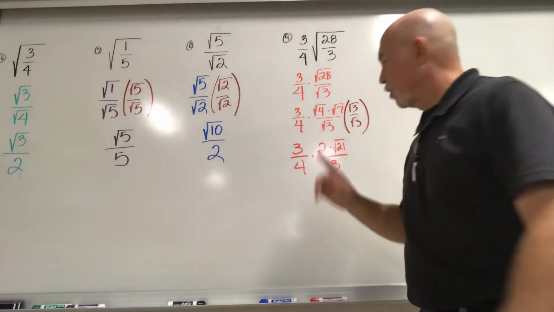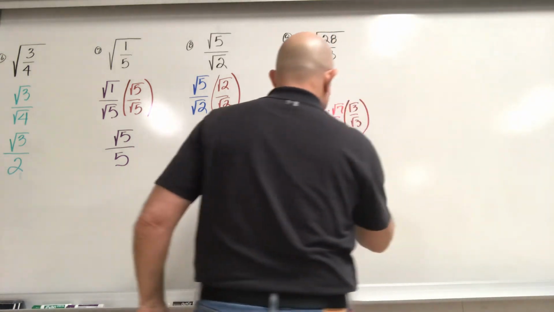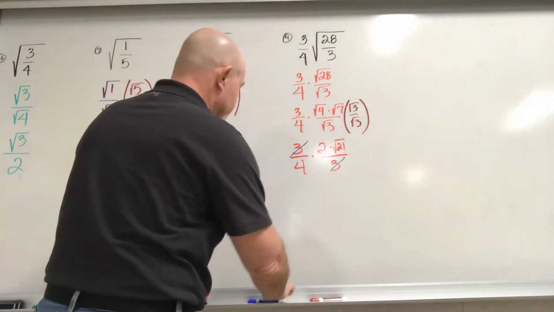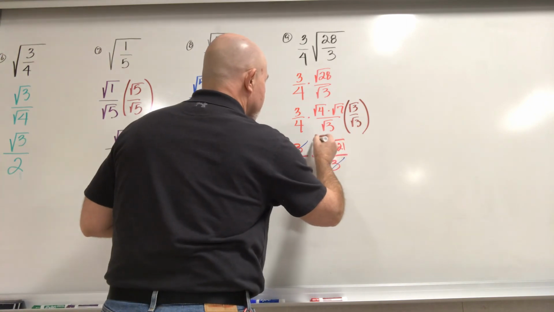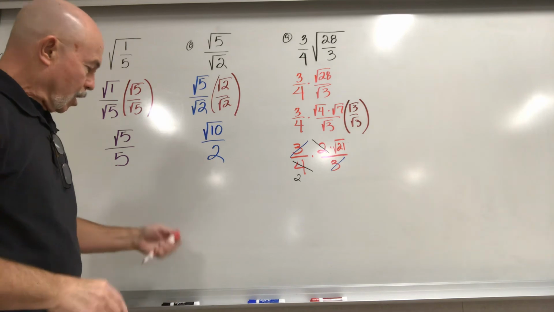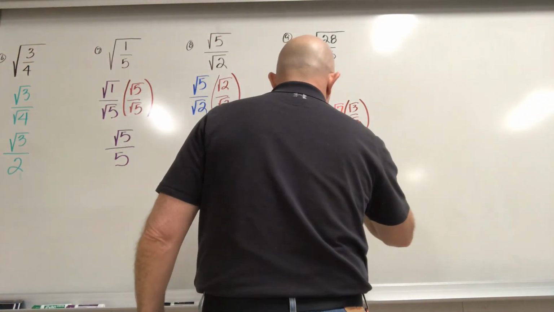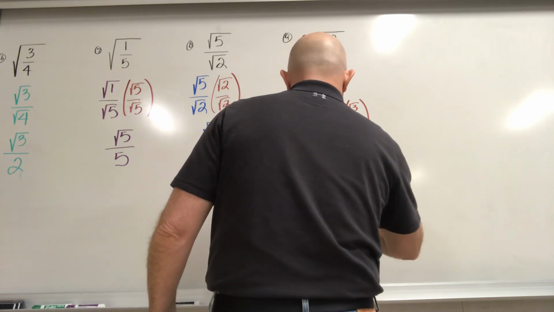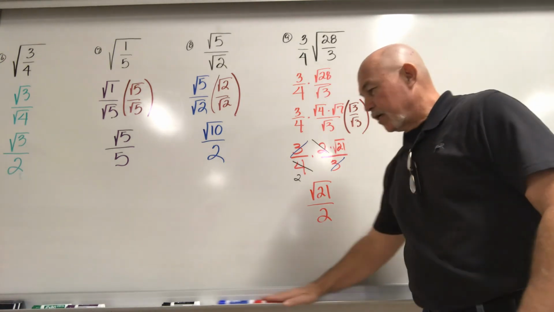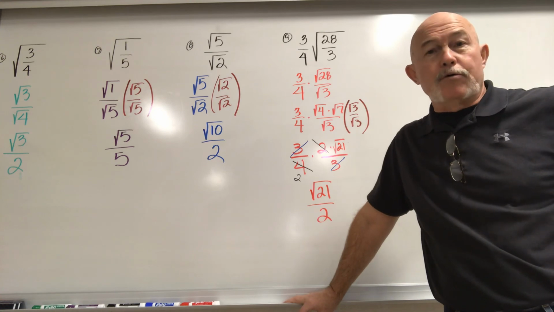Square root of 9 is 3. Here we go. Watch this. Gone. And what we've got left is the square root of 21 over 2. Okay? And that is our little primer for square roots.